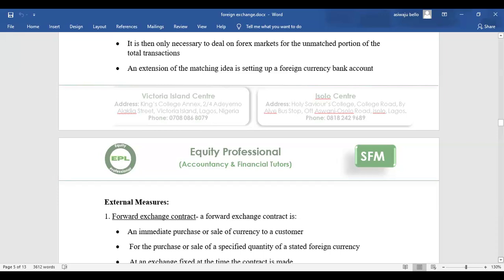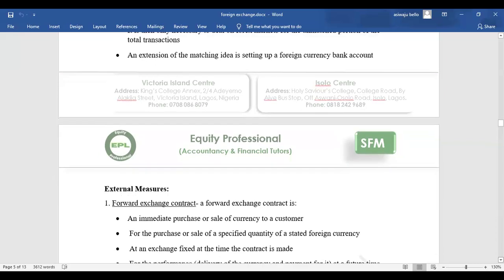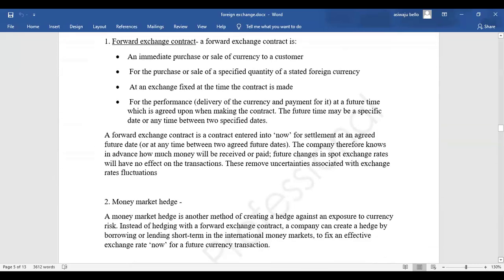We explained this, and we have taken a question relating to forward contracts. We explained the money market, that we can also use money markets to hedge against fluctuation in currency exchange rates by borrowing or lending in the international markets.